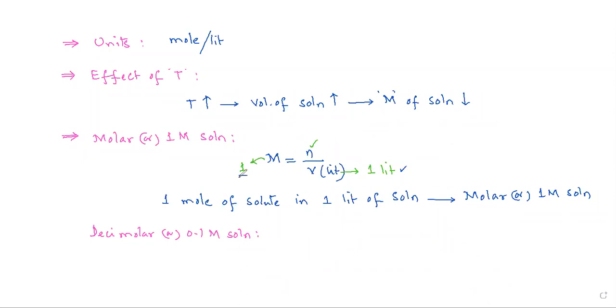If I want this to be 0.1, then the number of moles has to be 0.1, right? So 0.1 mole of solute is in 1 liter of solution. Then that is said to be decimolar. Okay.